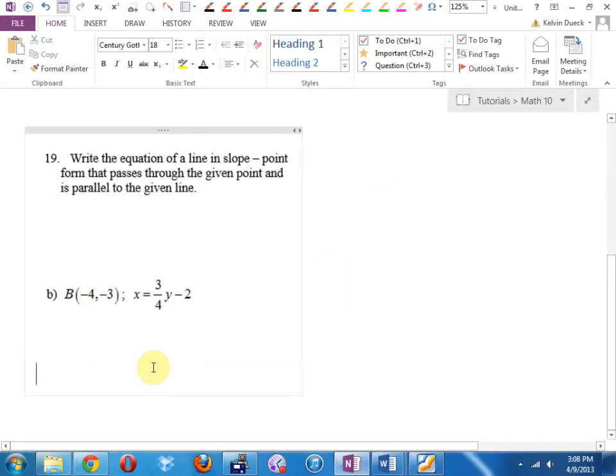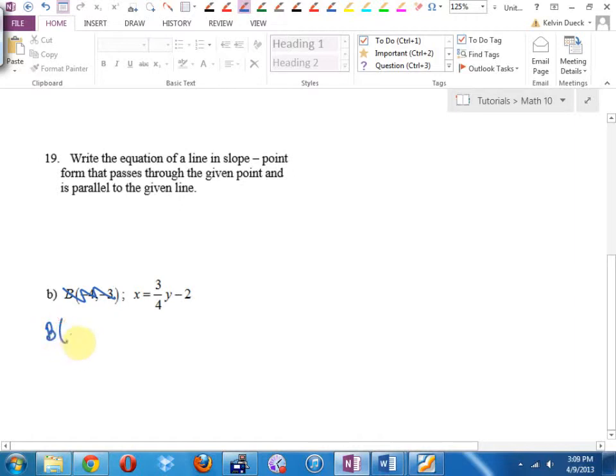Now, what's weird about this, first of all, what I'll do, Graham, is how about instead of going through point B (-4, -3), how about point B (-5, -2)? Magic. And what's weird about this equation? Fractions. We dealt with fractions before. What's by itself? The x.